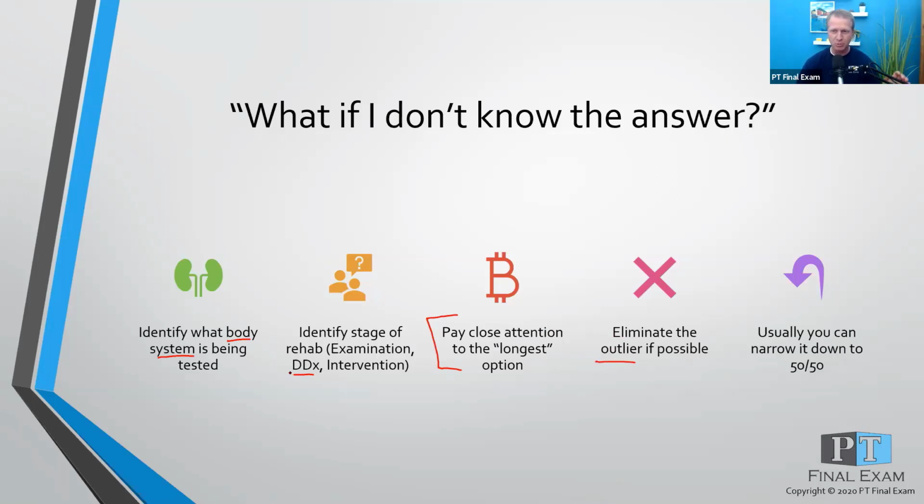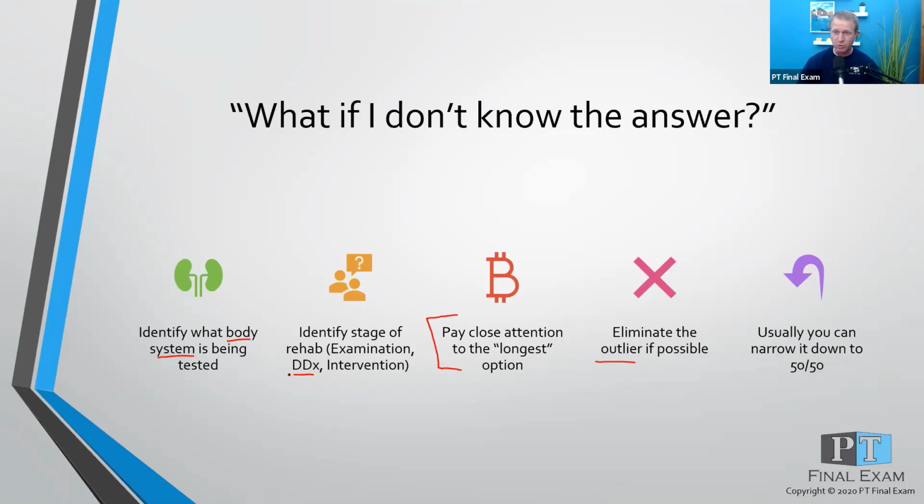Like I was reading a practice question today about what would be the next modification for someone who had weakness. I can't remember exactly what it was talking about, but the next modification was to encourage the patient to take steps 2 at a time, to go up and down stairs 2 at a time. I think that's an outlier. I can't think of a time when, other than maybe athletes, I've ever encouraged someone with weakness to take the steps 2 at a time. So I could eliminate that one as an outlier almost immediately.